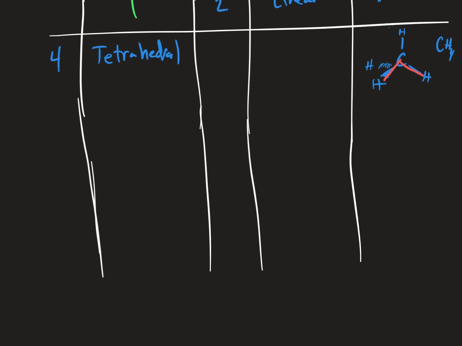We have a block that looks like this, block that looks like this, like that, and like this. What do they all have in common? 4 cubes, right? That means tetra. Tetra is 4. Good? That's why we call it tetrahedral.